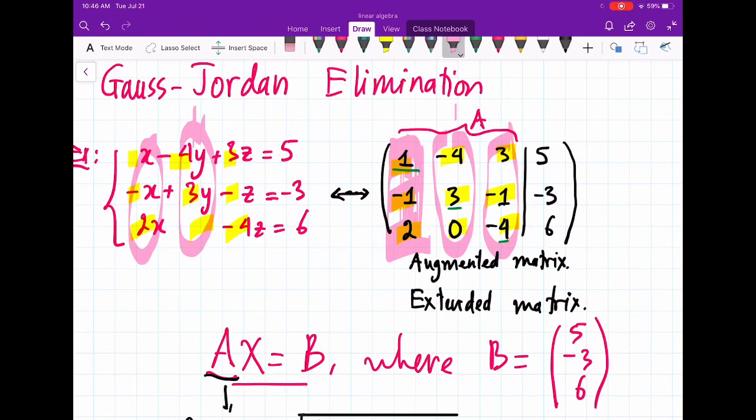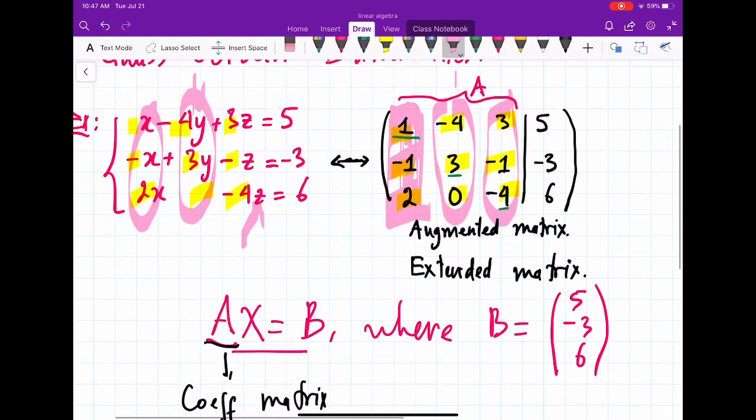Those are coefficients of the z right here. So that's why sometimes we say the first column is for the x, the second corresponds to the y, the last one corresponds to the z, and of course it depends on the system, how many variables you have. The number of variables is the number of columns. Don't forget that. So the number of columns in the coefficient matrix is the number of variables. The number of rows in the coefficient matrix is the number of equations.